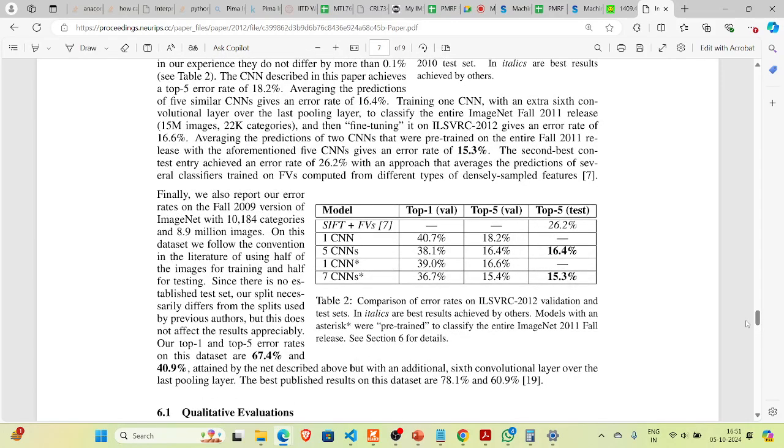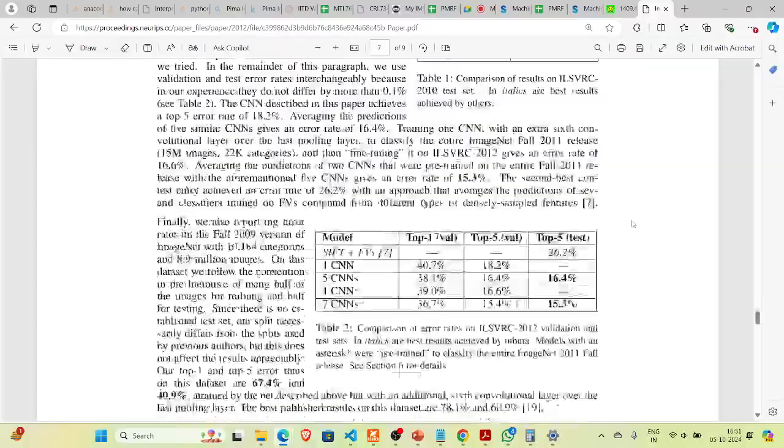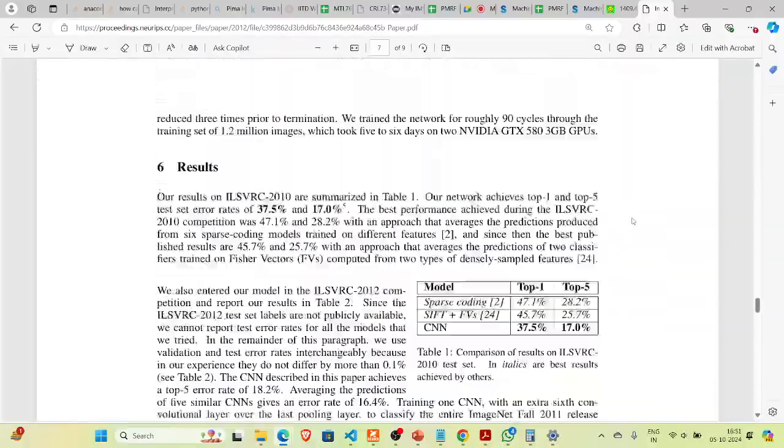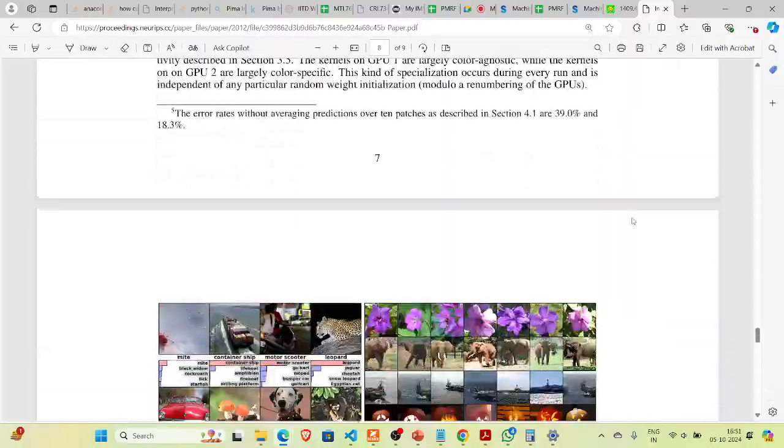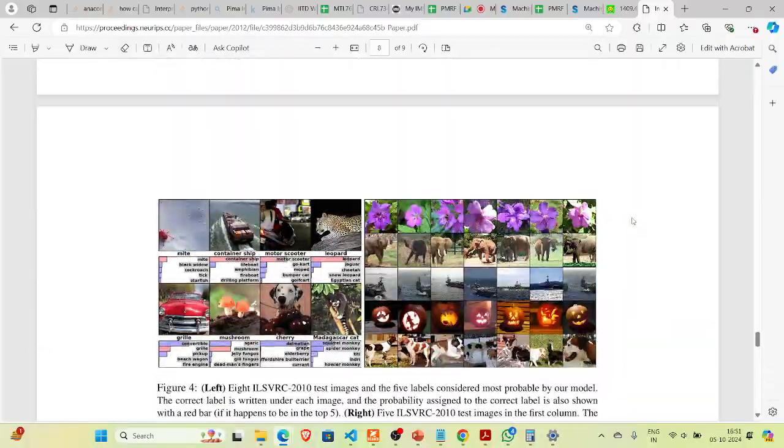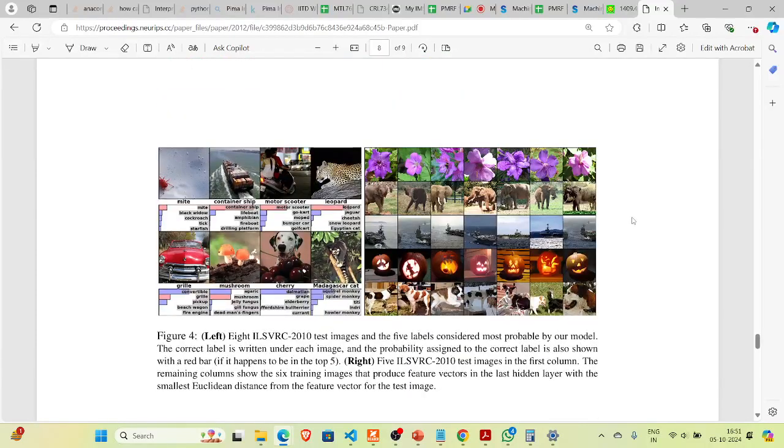As you can see, the accuracy from the classical method of SIFT plus feature selection and then classification is quite low on the dataset, but with AlexNet the accuracy is significantly above the classical way of doing it.